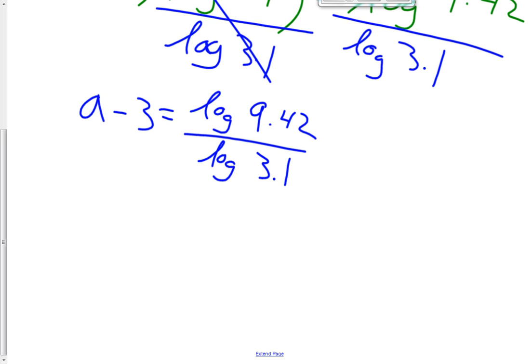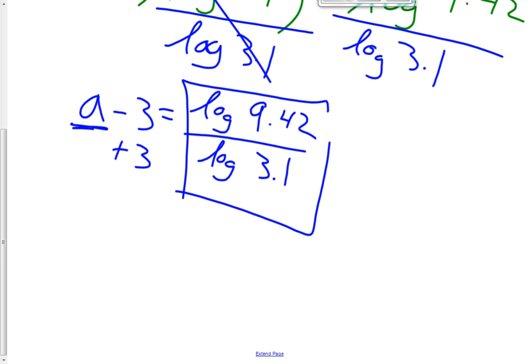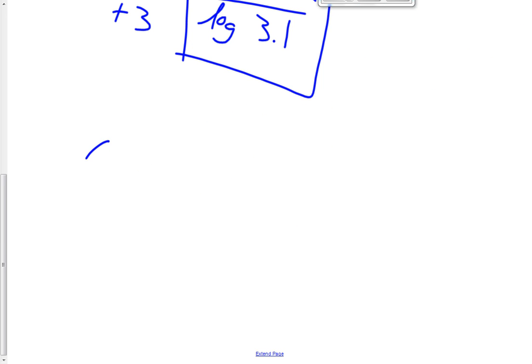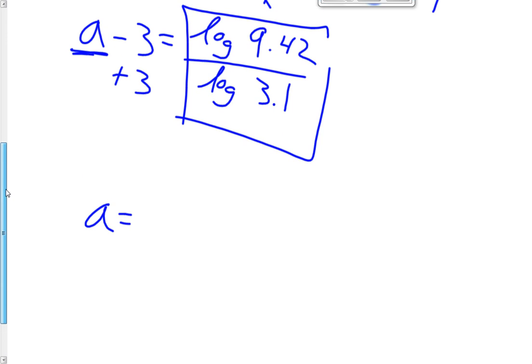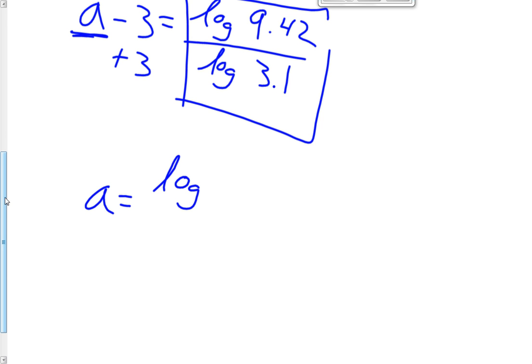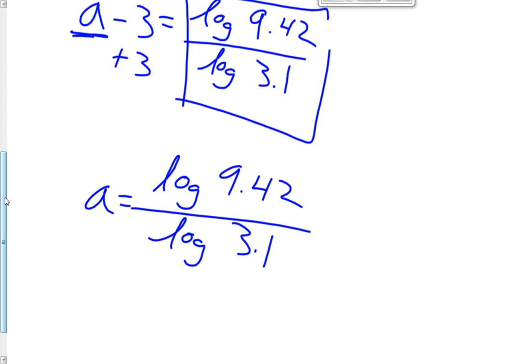And then finally, to get a by itself, I'm simply going to add 3. So I take this answer right here and I add 3 to it. And that's what a equals. A equals the log of 9.42 divided by the log of 3.1 plus 3.